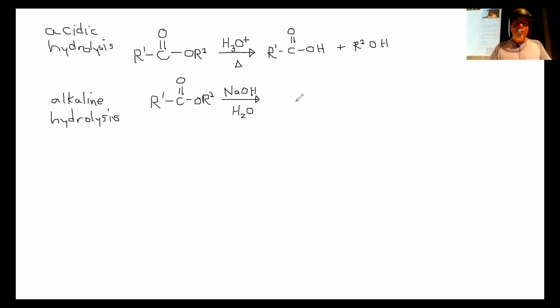And at first, what we will get is not the carboxylic acid, but the carboxylate ion, right? The conjugate base of the carboxylic acid. And we would also get the alcohol.